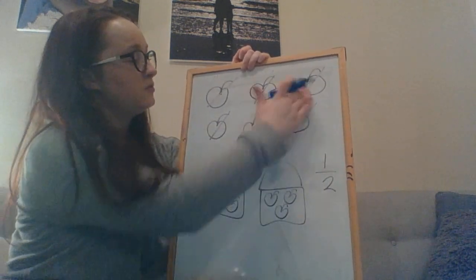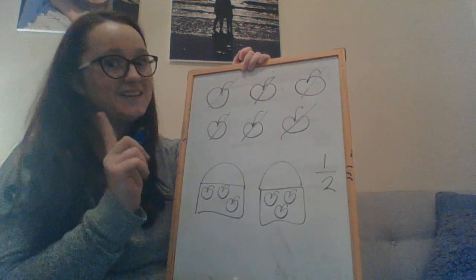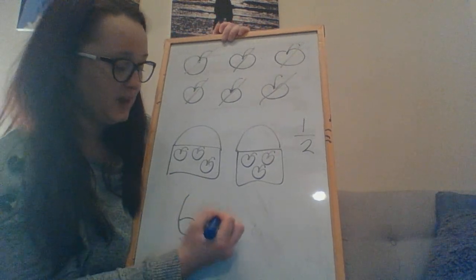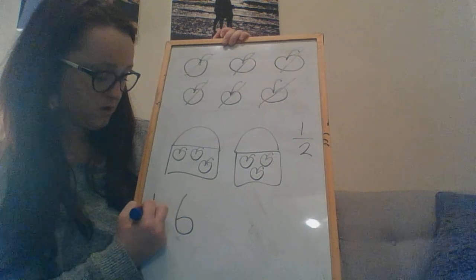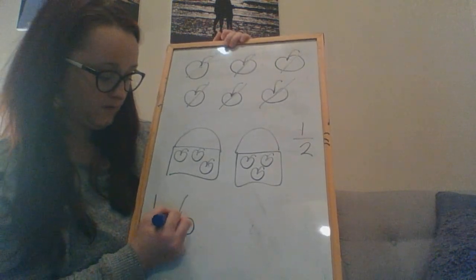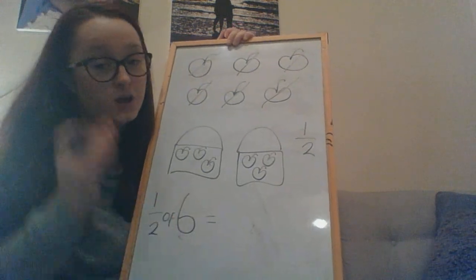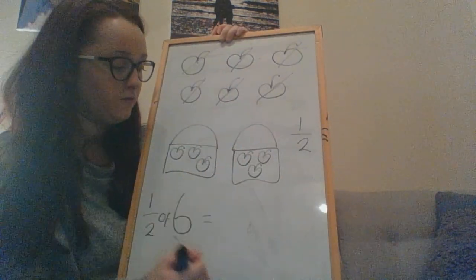Now how many apples did I have altogether to start with? I had 6 apples, so 6 apples to start with, and I split my 6 apples into half, so half of 6, and I'm going to do an equals there because I'm going to work out what half of 6 is.